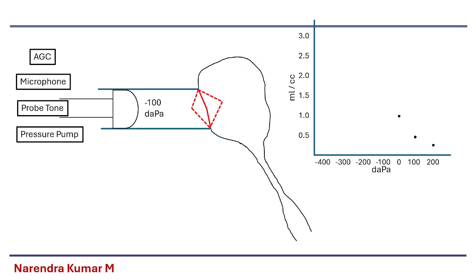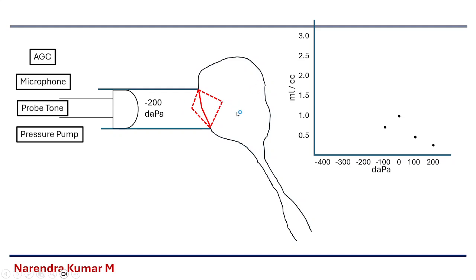As we reduce the pressure in the ear canal to minus 100 decapascals, the tympanic membrane is pulled towards the ear canal, restricting the movement of the tympanic membrane. Now the space in which the tympanic membrane can vibrate or move is reduced compared to the 0 decapascal position. So this will result in reduced admittance. Further change in negative pressure will cause more sound to be reflected back into the ear canal.